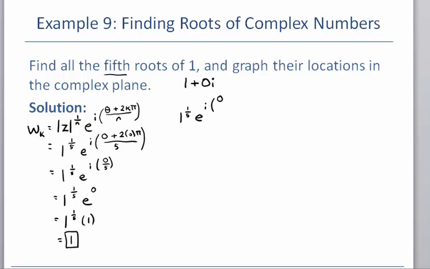We're going to have an angle 0 plus 2 times, this time, 1 pi over 5. 1 to the 1/5 is 1. On the top part of our fraction, we have 0 plus 2 pi, so we just have 2 pi over 5. And so our next root is going to be e raised to the i times 2 pi over 5.